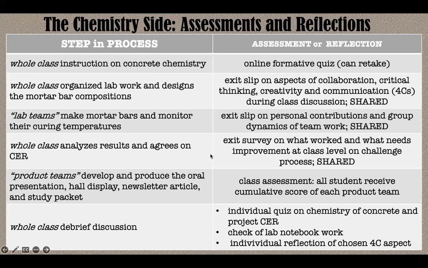And I give them an exit slip on how well they contributed to what was happening with the team. Then the whole class comes together once the data are back, analyzes the results. They have to agree to what their basic claim, evidence, and reasoning is going to be. And there's an exit survey on how that whole process and classwork works.